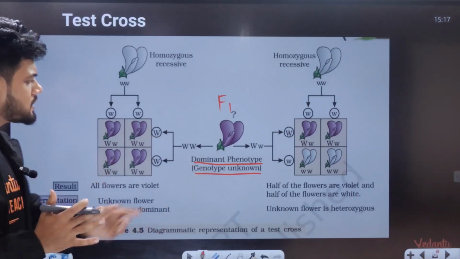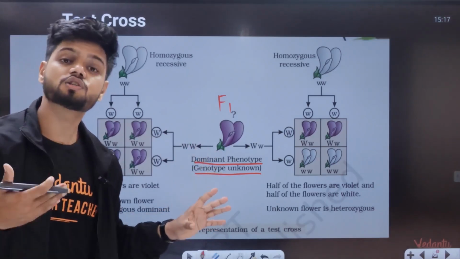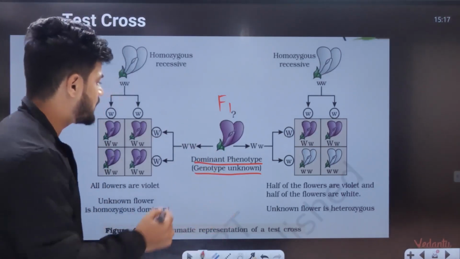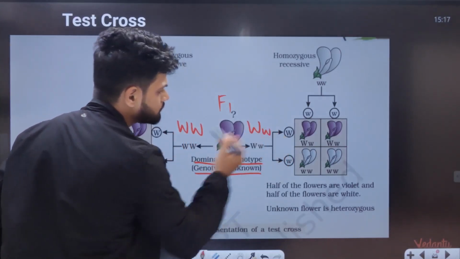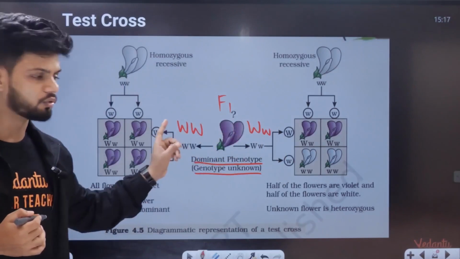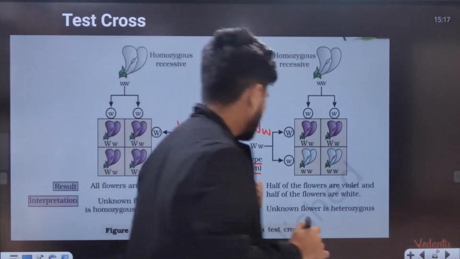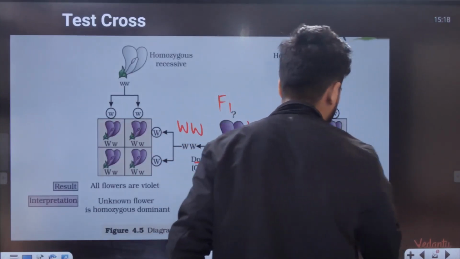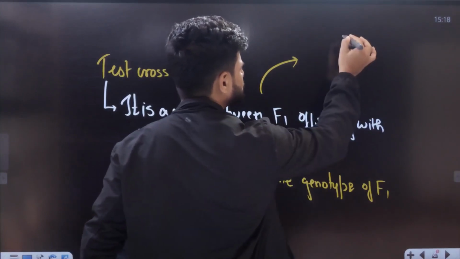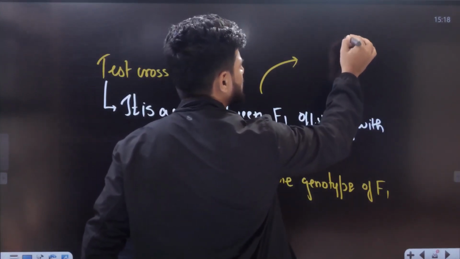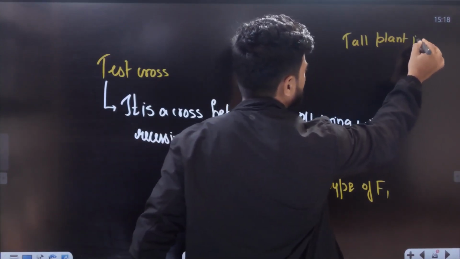Now, if it is a dominant phenotype, what are the possible genotypes? The possible genotype can be capital W, capital W, or capital W, small w. Yes or no? Both of them will give you a purple or violet flower here. Similarly, in NCERT they have given an example: let's take a tall plant in F1.